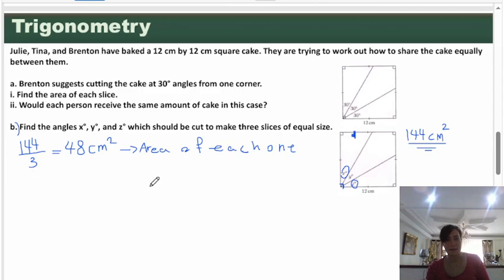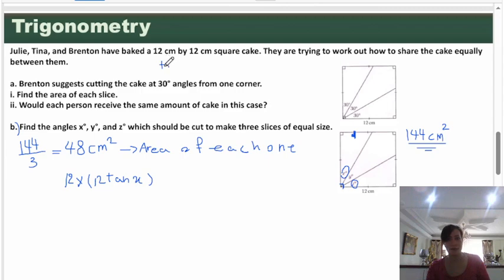I said this side was 12 tangent of X, times the base, which is 12. You know it with the tangent of X.